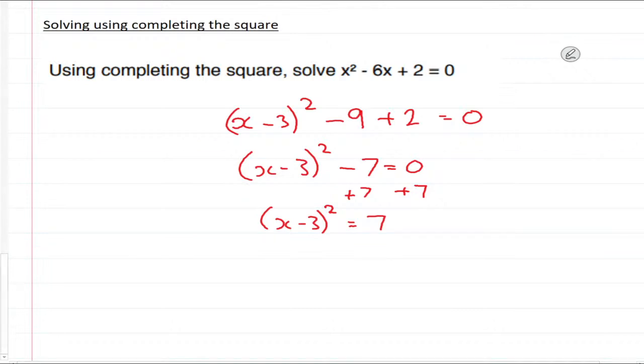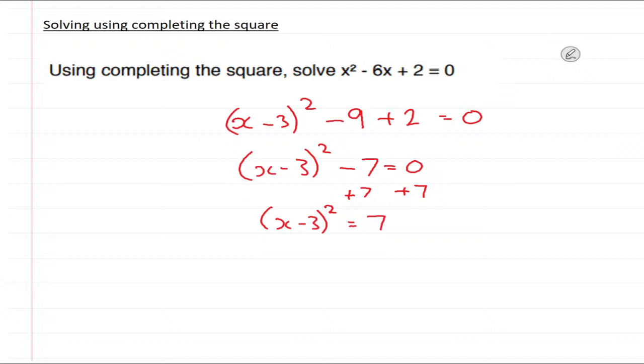What do I need to get rid of next? I have to get rid of the squared. Now, we've got to be really careful with this. Why? Because there are 2 solutions.